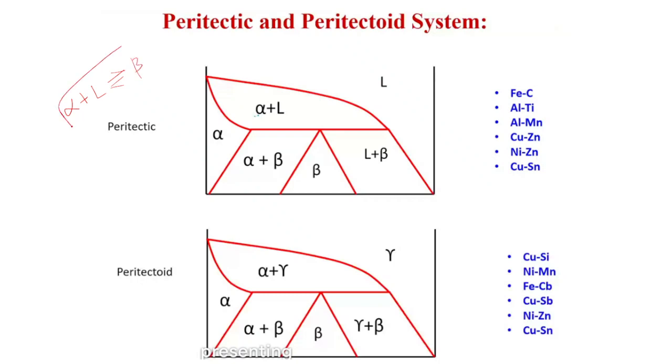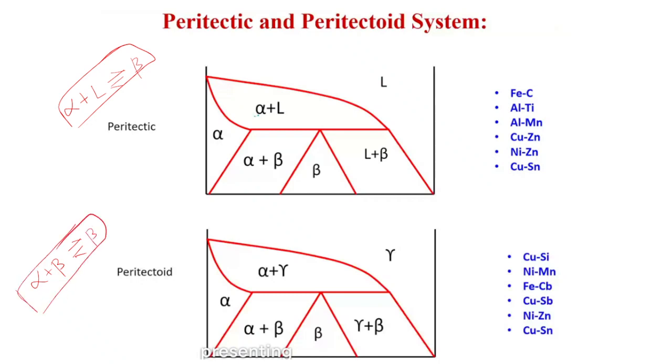So this is peritectic. You have to remember that. And then finally, peritectoid: here both are solid phases. Alpha plus gamma turning into beta.